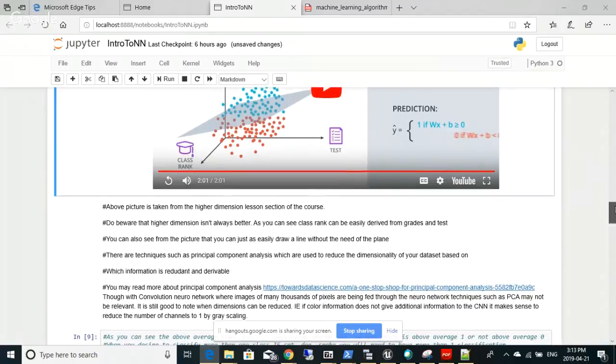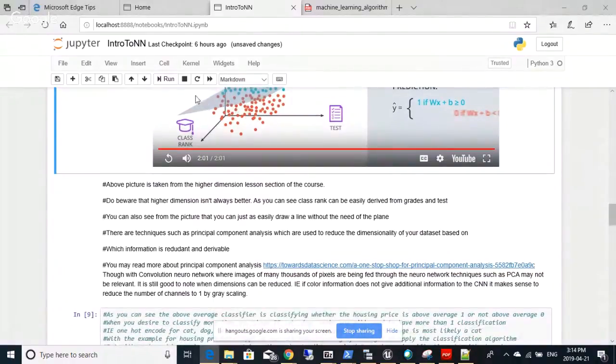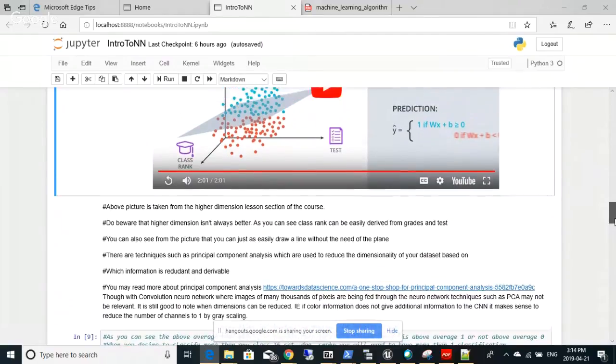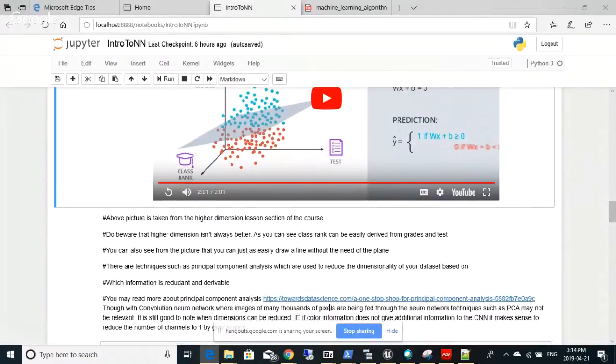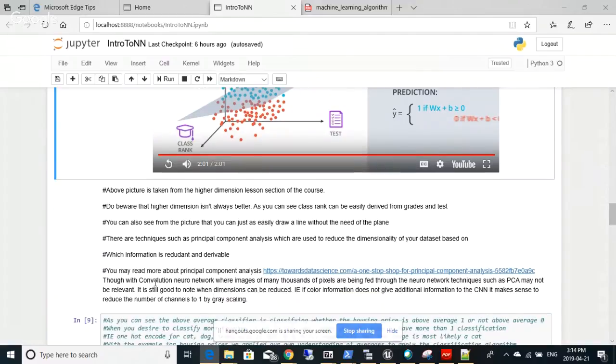One of the ways to reduce dimensionality is known as principal component analysis. You can go to this link here. Towards Data Science generally has pretty good and intuitive explanations for a lot of things. There are a lot of algorithms that do dimensionality reduction, but principal component analysis is one of the most basic you should understand.